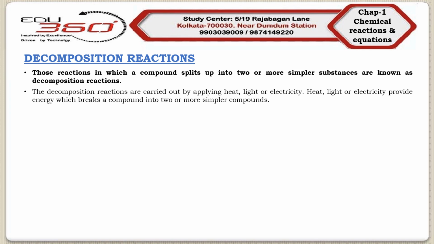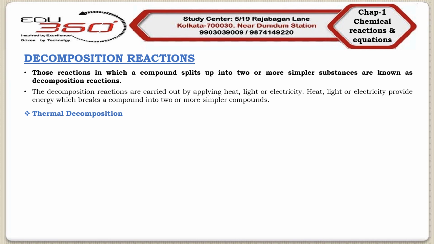Now if we classify decomposition reactions, there will be three categories. Number 1, thermal decomposition. Number 2, electrolytic decomposition. And number 3, photolytic decomposition. First, we will discuss thermal decomposition. Now, thermal is related to heat.